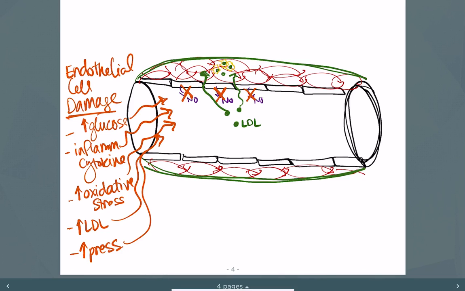Without the nitric oxide, your white blood cells, specifically your monocytes, can kind of squeeze their way through here. When they get out of the blood vessel, these are called macrophages that gobble up those oxidized LDL, and now you have foam cells.